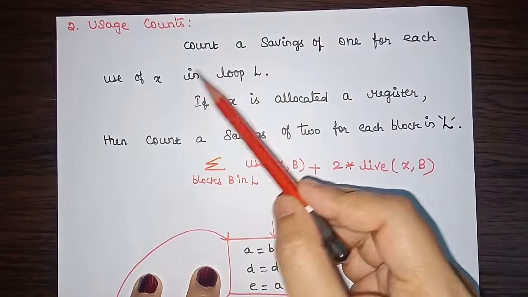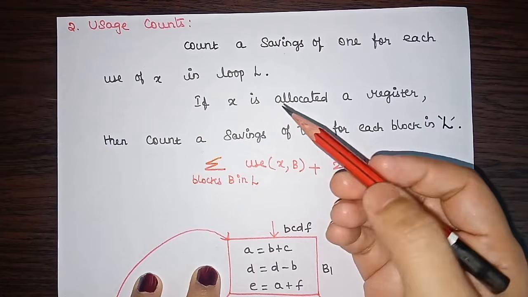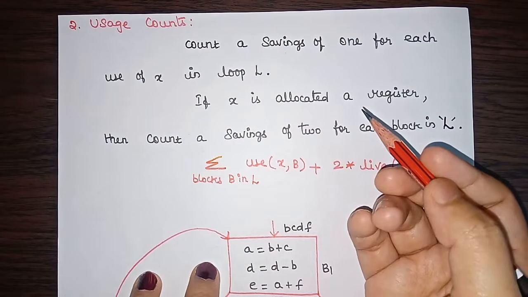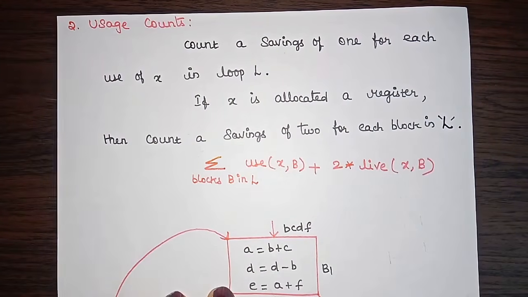Then the next is the usage count, which is an important concept here. In the usage count we determine the cost savings of instructions.